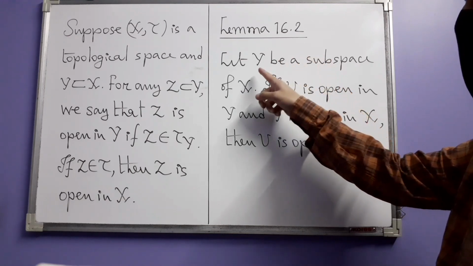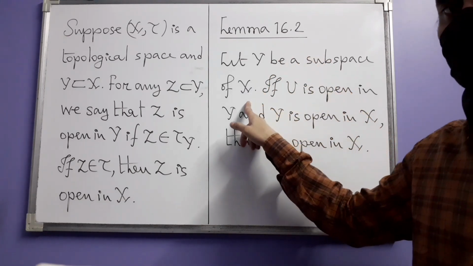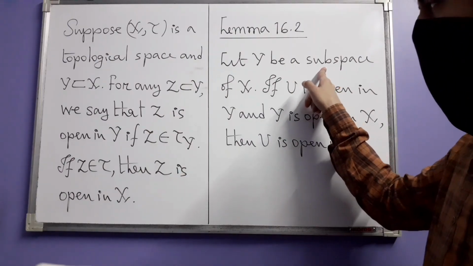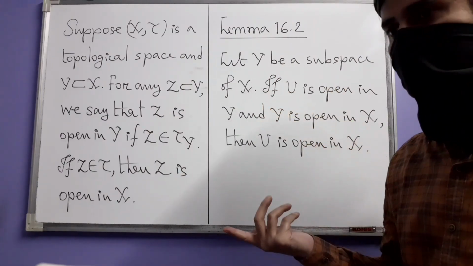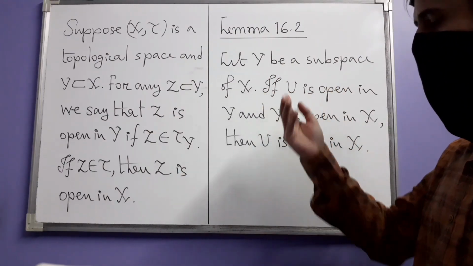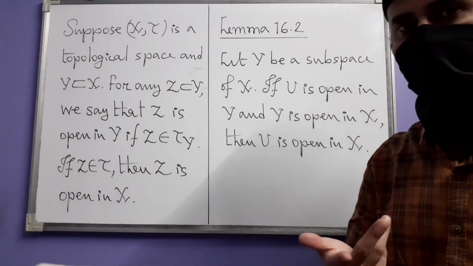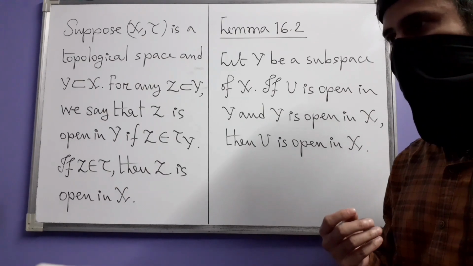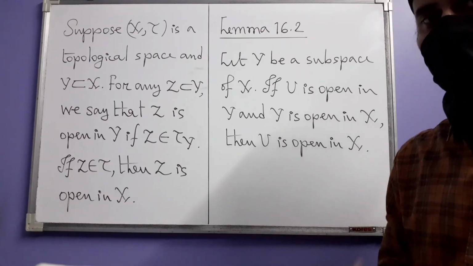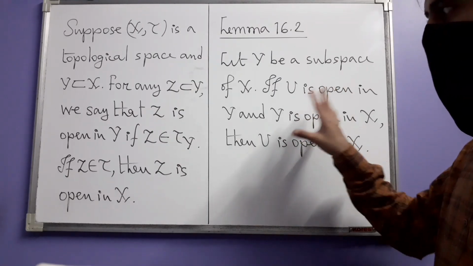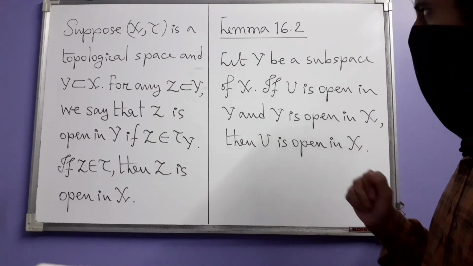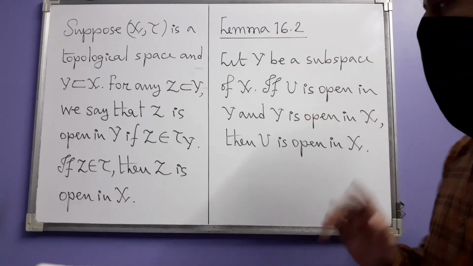Now using this term, we are next going to see one small result, and that result is lemma 16.2. Let y be a subspace of x. It's a little confusing to just simply say let y be a subspace of x. If you see this statement just somewhere, you may be confused because y may be a subspace of x as a vector space. But in the context of topological spaces, because we are discussing topology, it makes sense.